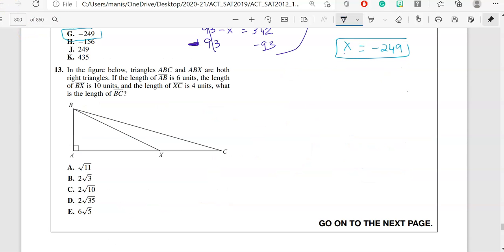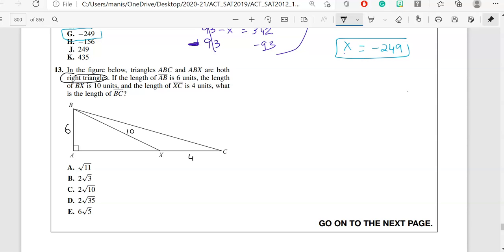In the figure below, triangles ABC and ABX are both right triangles. The keyword over here is right triangle, so I will circle this. If the length of AB is 6, I'll write 6 over here. The length of BX is 10, so this is BX 10. And the length of XC is 4, this is 4.